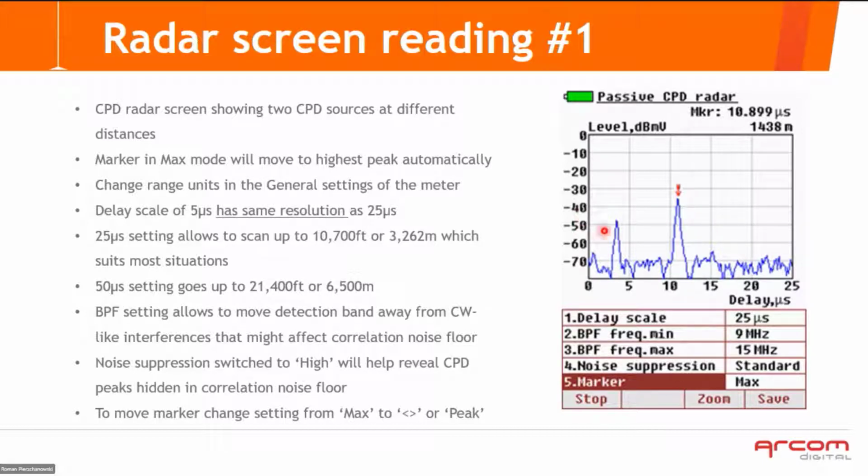It's like at -50 here or -45, you would see this peak, but this one would be hidden. So you can switch from standard to high. You can change the marker option from automatic max to move it left, right, or jump between the peaks.